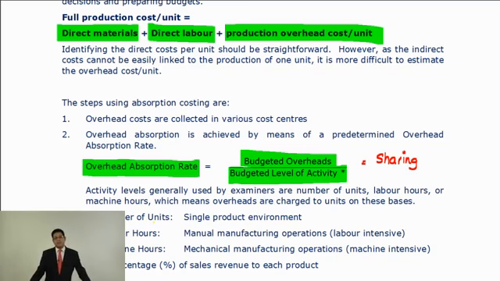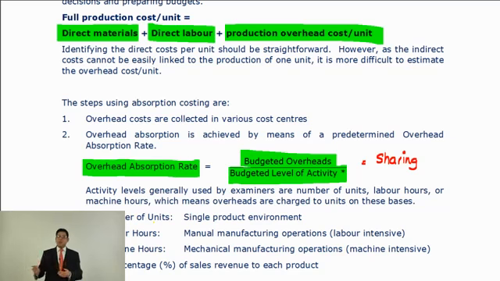It's like this: if 2 or 3 friends are living in a shared property, the bills of that property are divided by 2 or 3 people, and we can work out the bills per person. Or the rent of the property divided by 2 or 3 people living in that property, we can share the rent as well. This is exactly what I'm talking about relating to this overhead absorption rate.